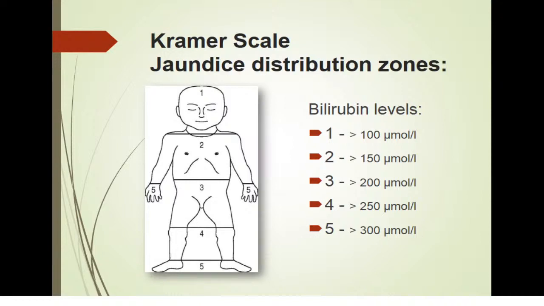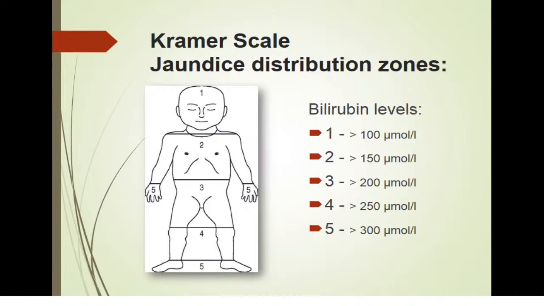To monitor the level of bilirubin, we use the Kramer scale. It includes 5 zones. If jaundice is only on the head, the bilirubin level is about 100 micromole per liter.